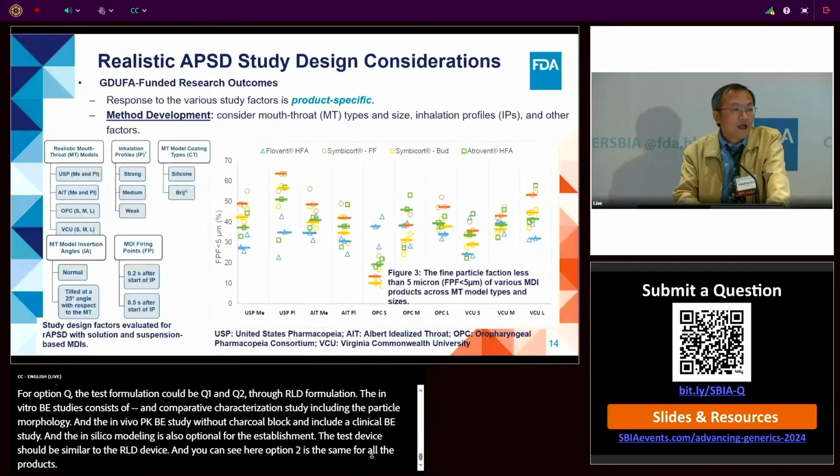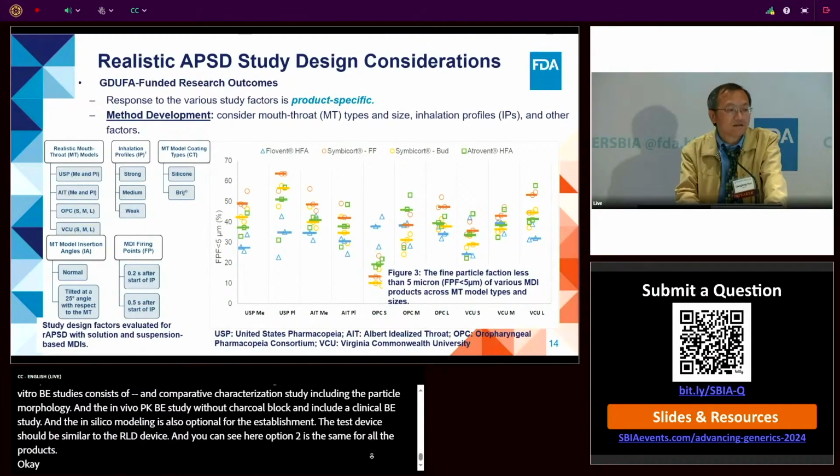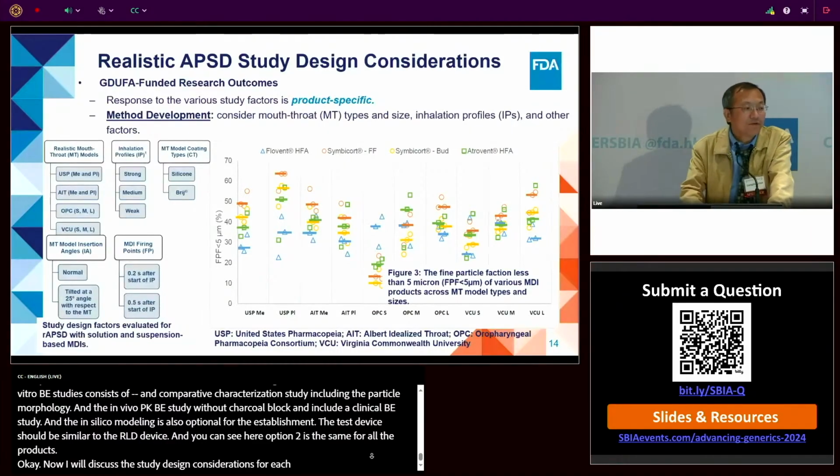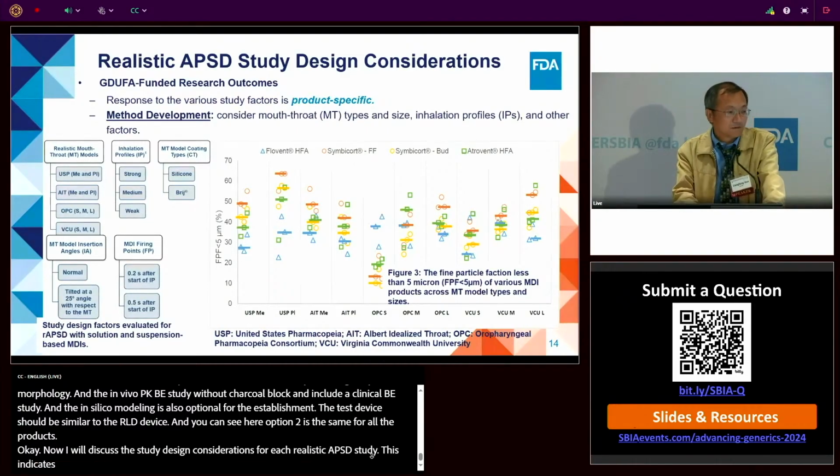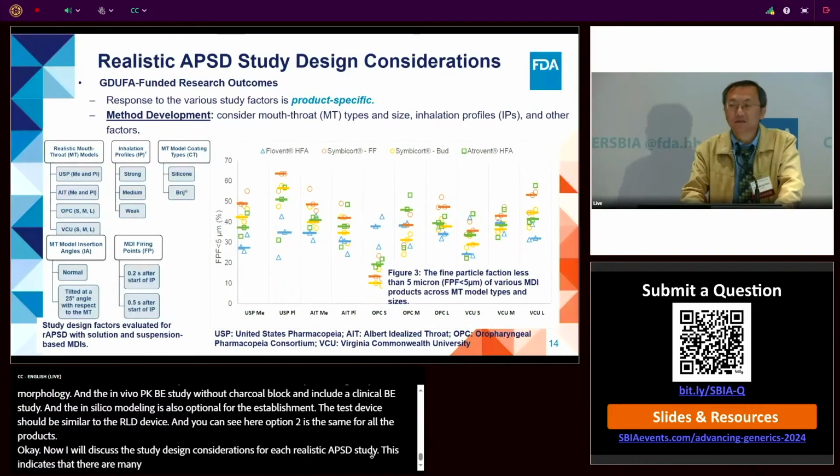Okay, now I will discuss the study design considerations for each alternative BE study. The GDUFA-funded research outcome indicates that there are many factors that affect the APSD study.